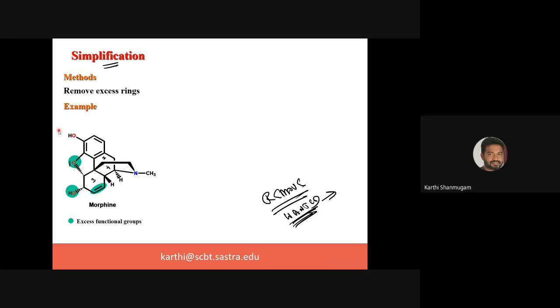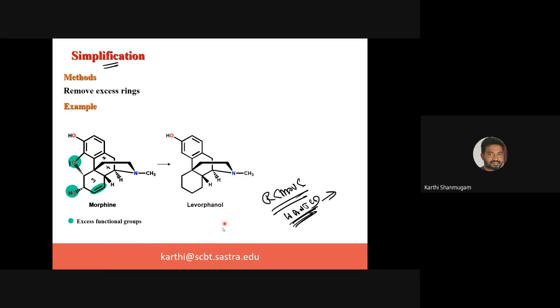So we can say this is important, this is important, this nitrogen, this CH3, these are important, but this double bond, this OH and this O are not much important, right? So based on the knowledge about the pharmacophore, now we can go for simplification. So let's see how they simplified the structure.